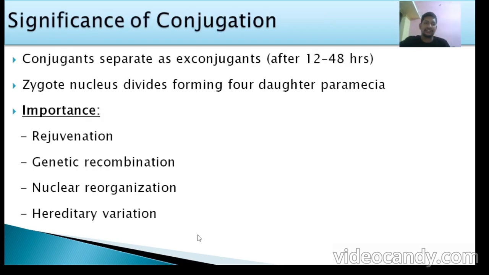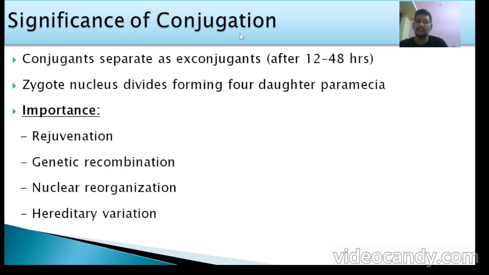The conjugants get separated to give ex-conjugants after 12 to 48 hours, nearly 2 days. And the zygote nucleus will divide and produce 4 daughter paramecia from each ex-conjugant. But remember, at the end, totally we get 8 paramecia from a single parent.